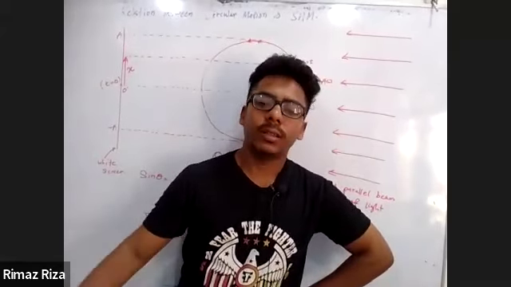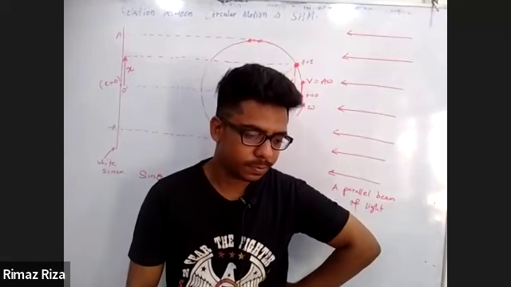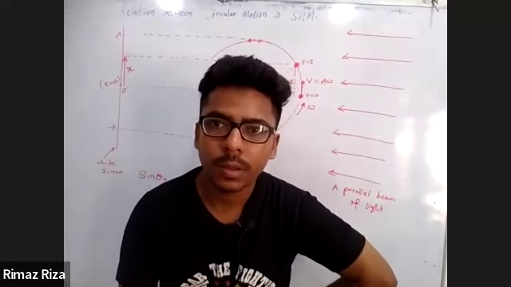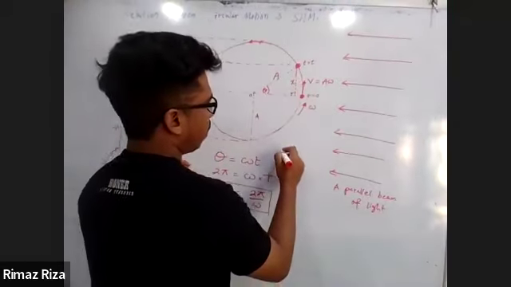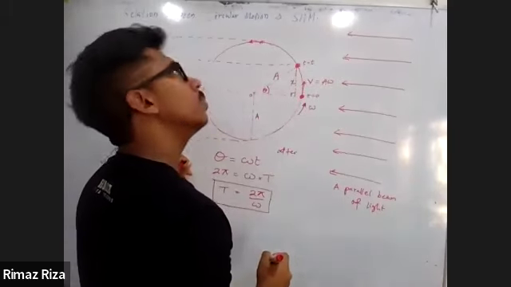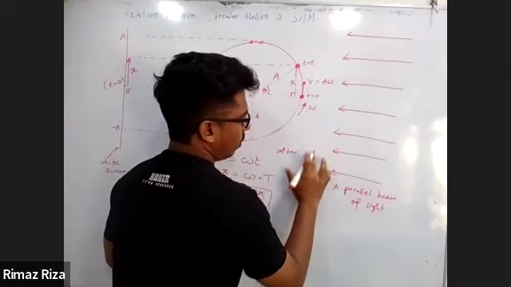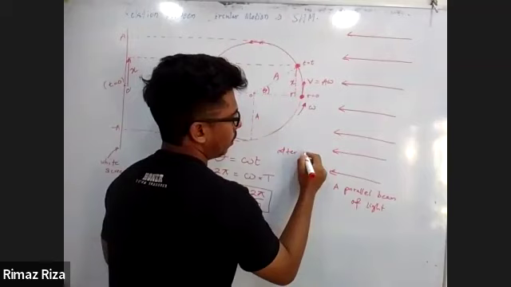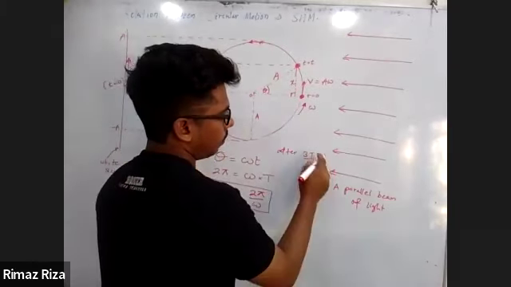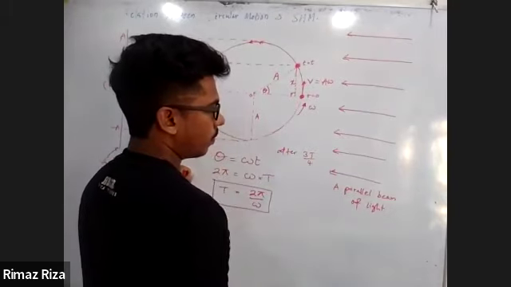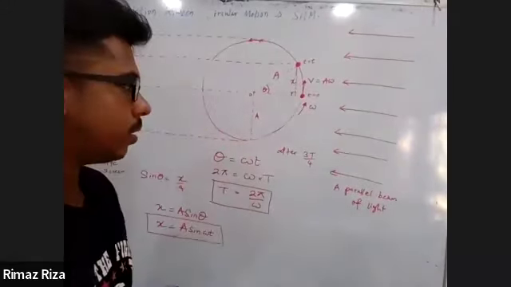First up, find the displacement of the particle after 3T over 4, if time is measured from the center.